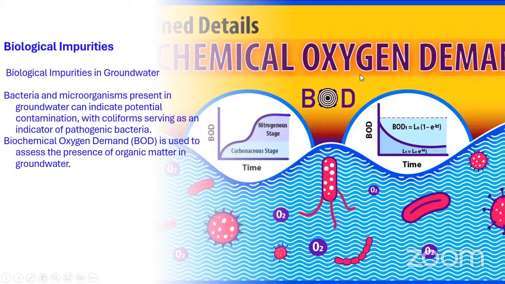Here I just want to mention that among groundwater biological impurities, we should take care of the pathogenic bacteria, that is coliform. Coliform is the main biological impurity or pollutant, which may come from the biological activity of the sewage of urbanization.